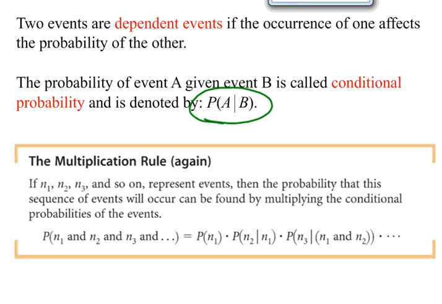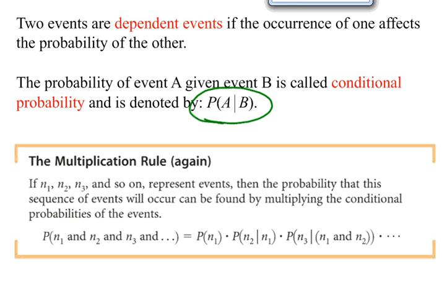It's the notation for conditional probability. Now, of course, in our example, again, Devin was choosing 3 cards. Now, the probability of Devin choosing a heart on the second card, given that she had already chosen a heart on the first card, is an example of conditional probability.